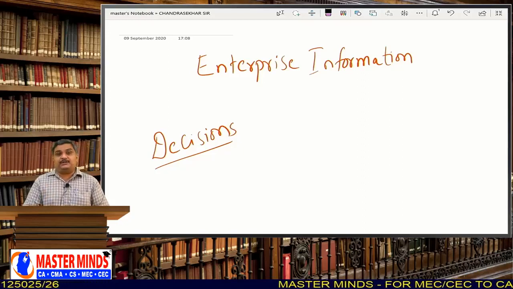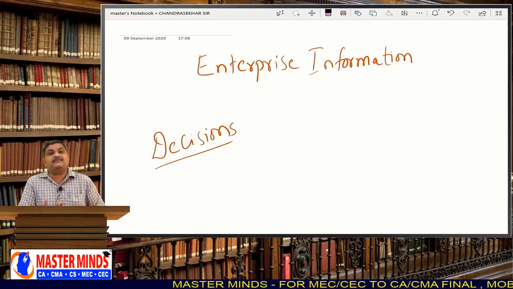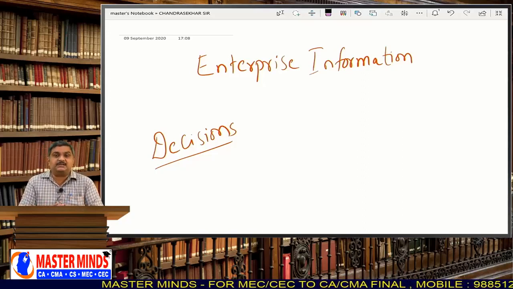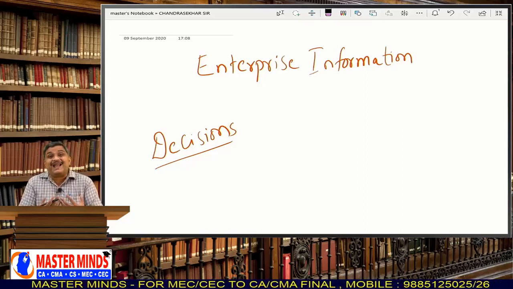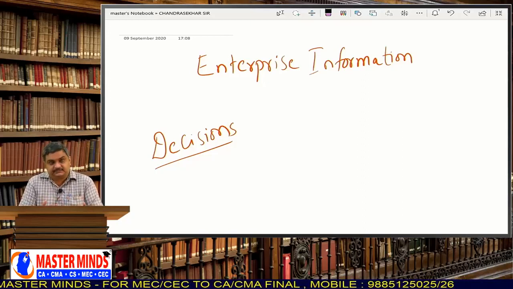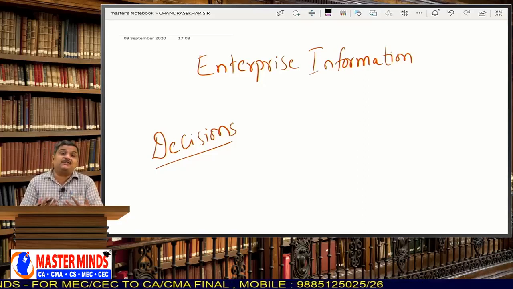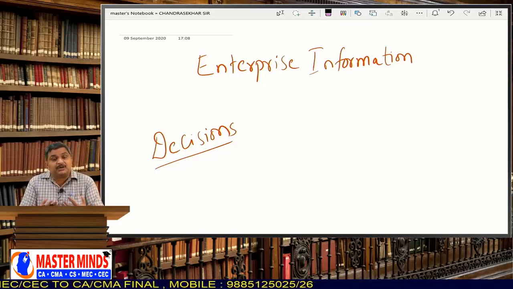The important thing here is that every enterprise, every business organization, should have information available to it. Before making any decision, every organization should gather the information. And how can an organization gather the information? What is the possible way to gather the information?